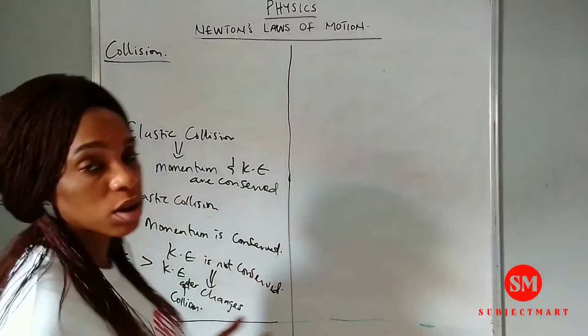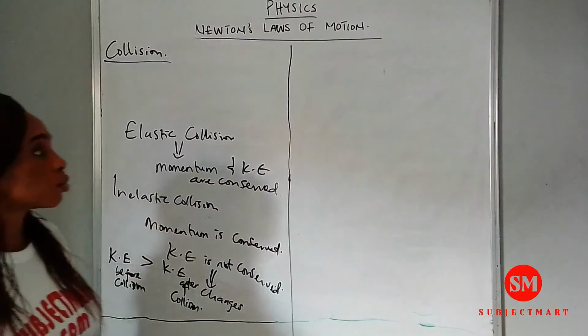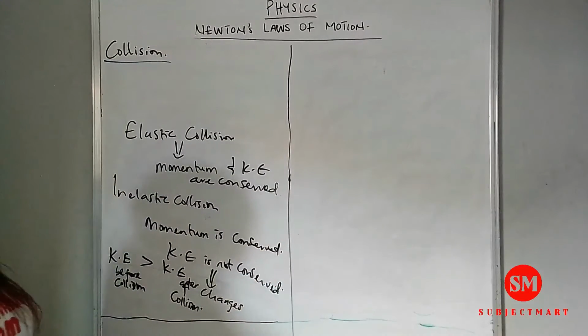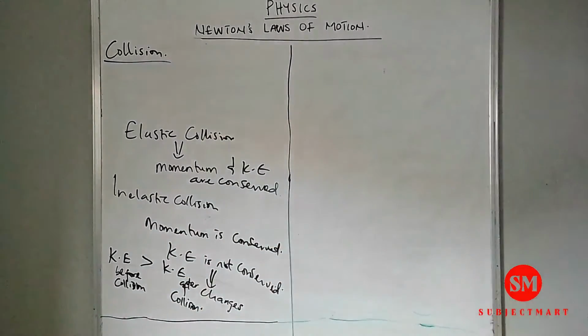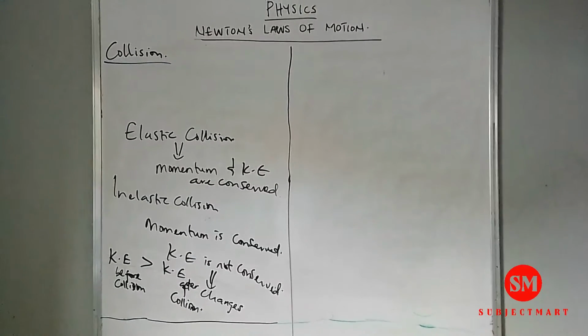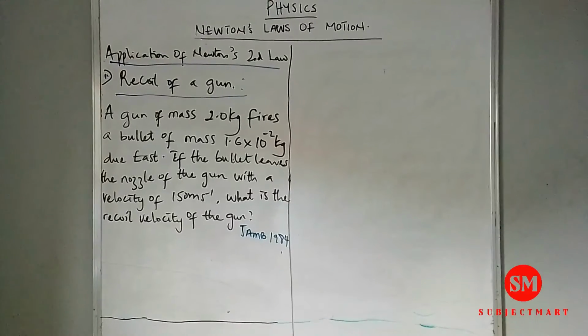So, we'll be considering some applications of collision. The first one we'll be looking at is the recoil of a gun.